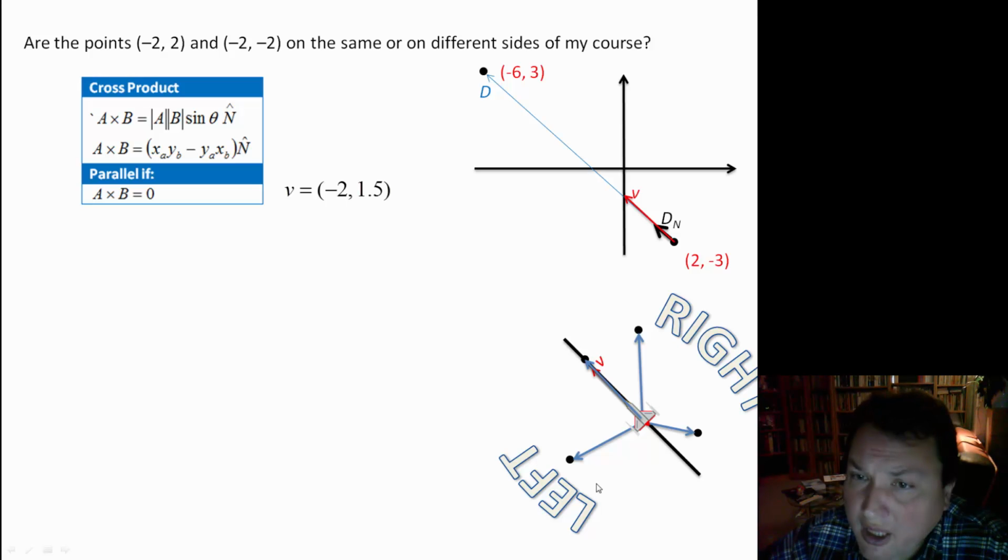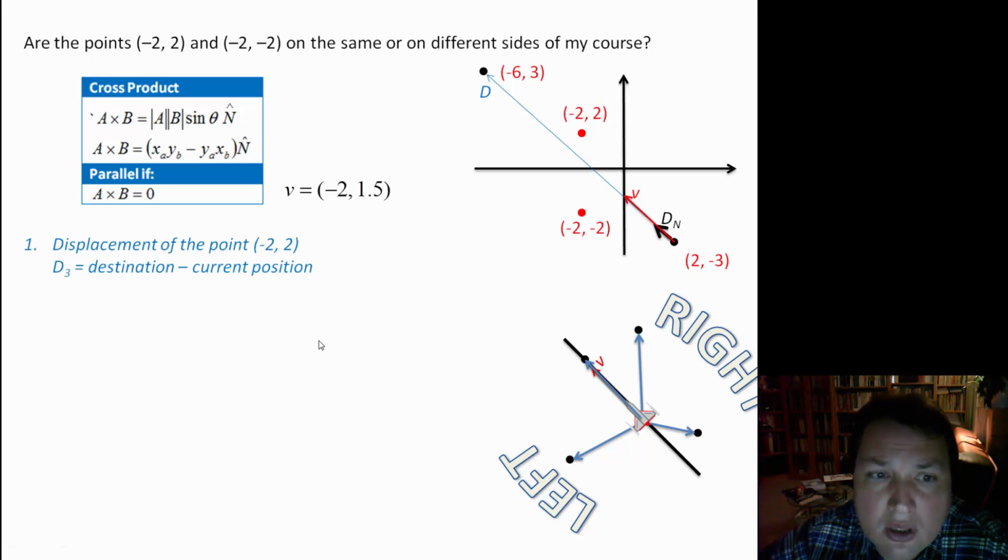So, very similarly to the previous case, I have these points here, -2, 2, and -2, -2. The first thing to calculate is the displacement vector, in this case for the point -2, 2, this one. The name of this displacement vector is d3, this is the third displacement that we are calculating here, so the name contains the number 3.